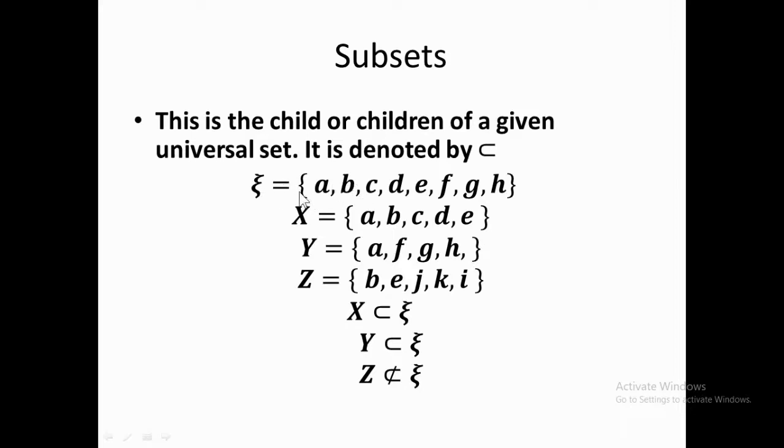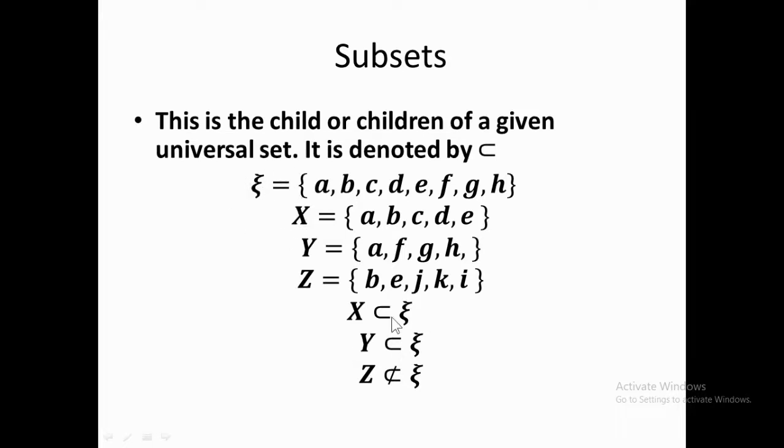Look at this universal set we have here, having elements A, B, C, D, E, F, G, H. And we have set X, having elements A, B, C, D, E. You can see that all the elements in this set are also in the universal set E. A is here, B is here, C is here, D is here, and E is here. So that means this set is a subset of the universal set.